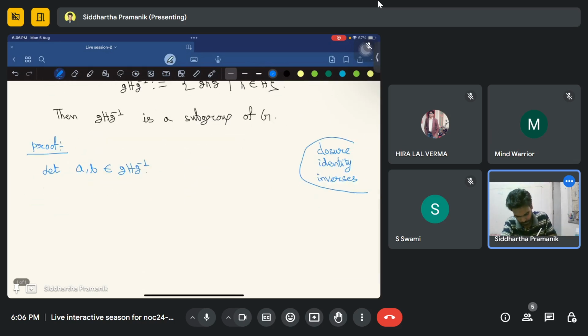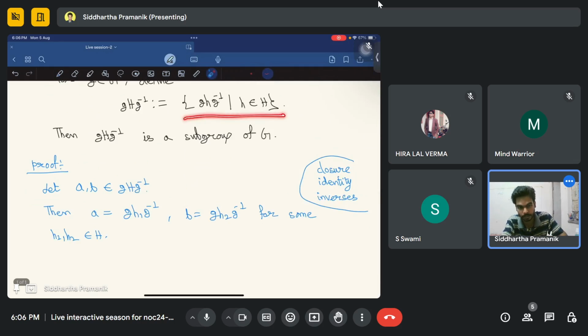Since they are elements of this set, they must be of the form a equals g h1 g inverse, and for b, g h2 g inverse, for some h1 and h2 belonging to H, right? Because that is the definition of our set, that every element looks like g h g inverse.